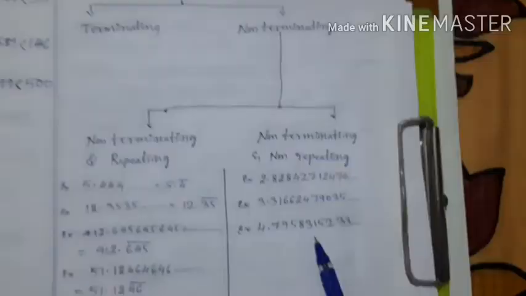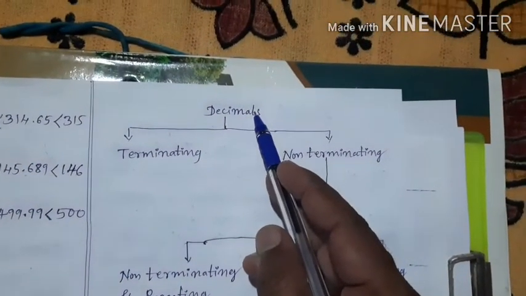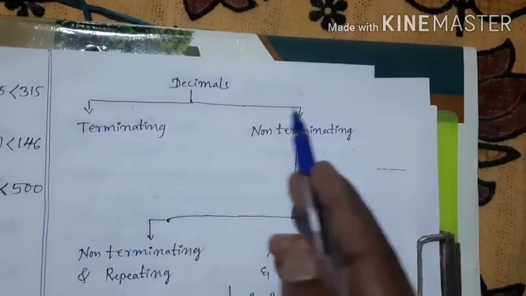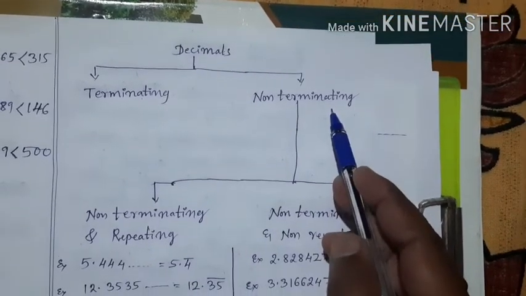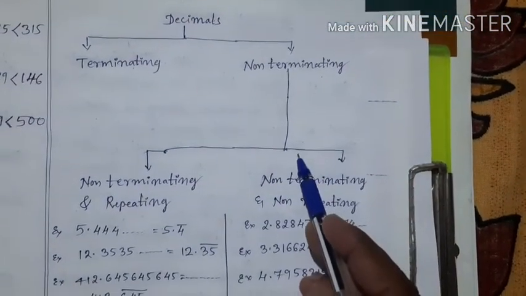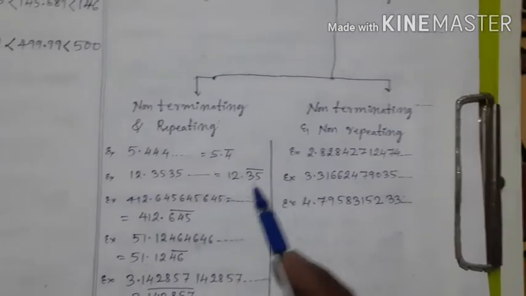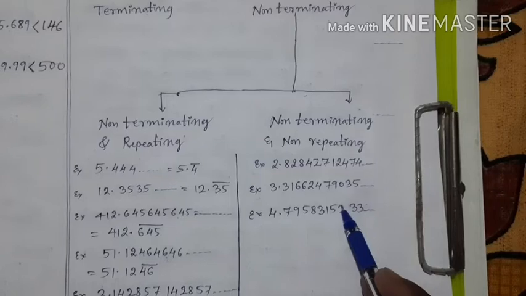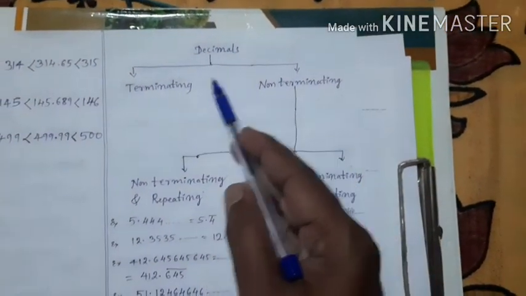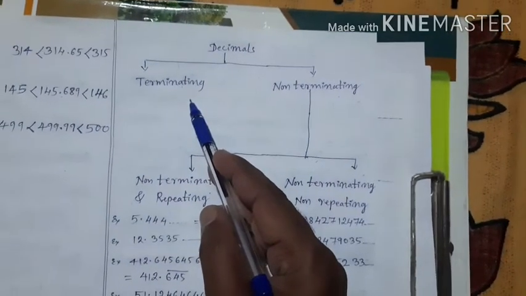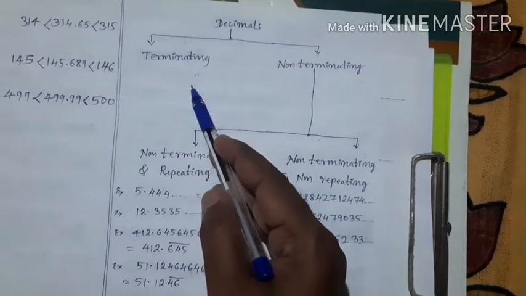Irrational numbers. This is how we now saw what we mean by decimals and the different types of decimals. Okay? There are terminating decimals and non-terminating decimals, and again in non-terminating decimals there are non-terminating repeating decimals and non-terminating, non-repeating decimals. Okay, but remember children, terminating decimals are examples for rational numbers because they can be written in the form of p by q.